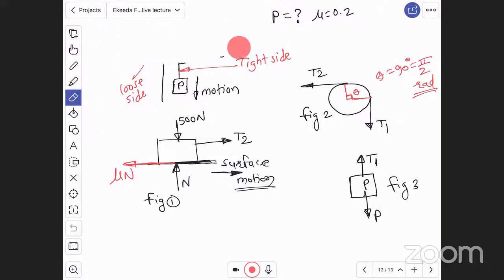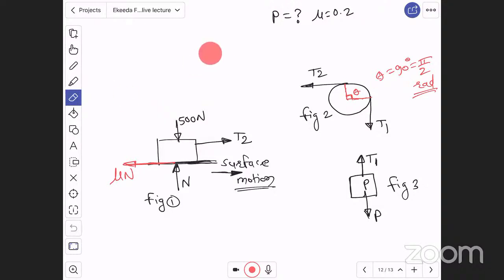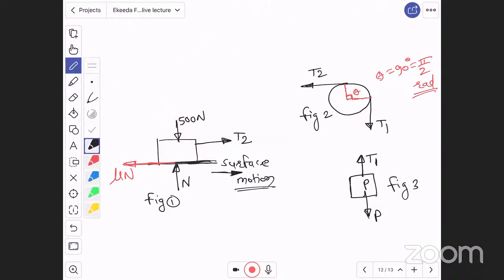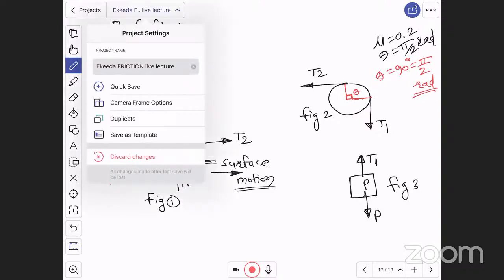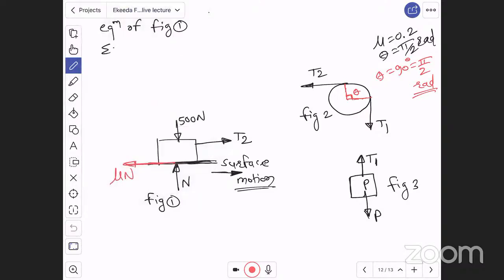First of all, for figure 1, the coefficient of friction mu is given as 0.2, and the angle of contact theta is given as pi by 2 radian. Now for equilibrium of figure 1, can I write summation of forces in the y direction is equal to 0?